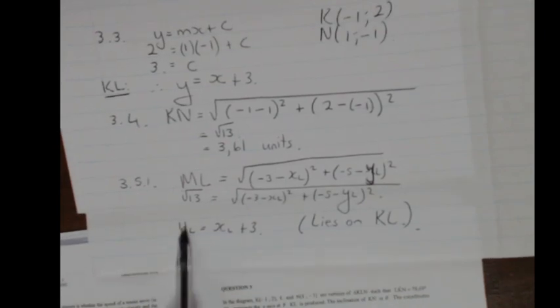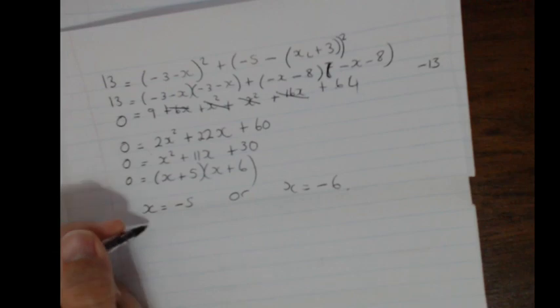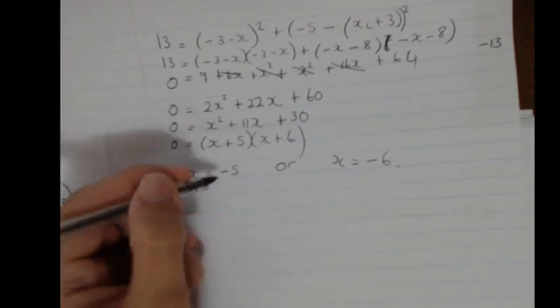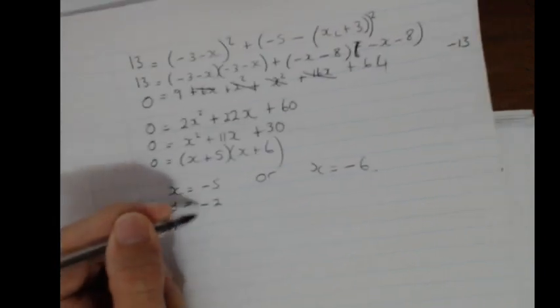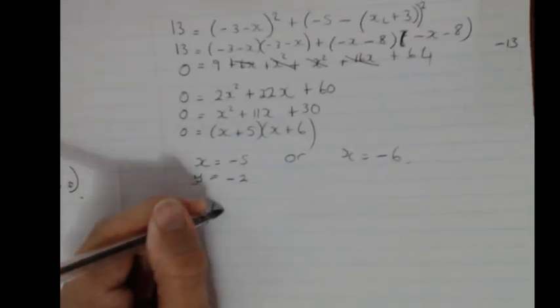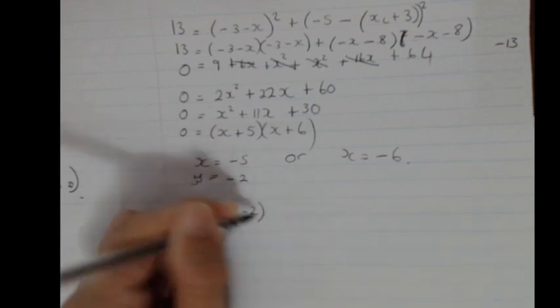Right, I'm busy trying to find possible coordinates for L here. And I know that the y value is x plus 3. So this y value is going to be x, negative 5 plus 3, which is negative 2. So L can possibly be negative 5, negative 2.